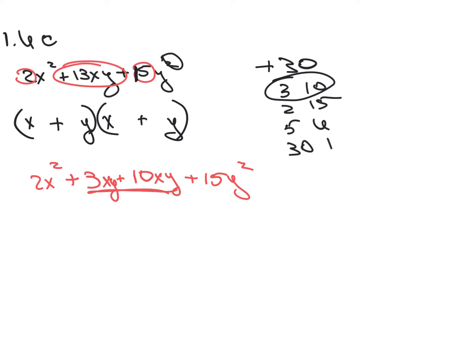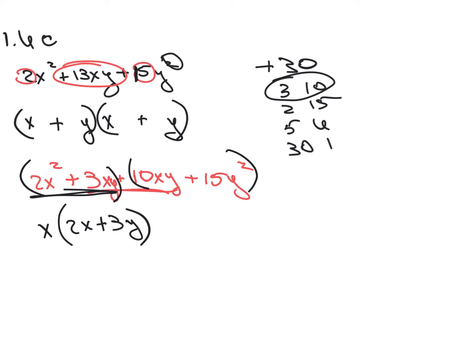So next step is to group. So let's go ahead and do that by putting a parenthesis around these first two, and a parenthesis around these two. We're going to look here and see if there's anything we can factor out. There is an x we can factor out, and we're left with 2x plus 3y.